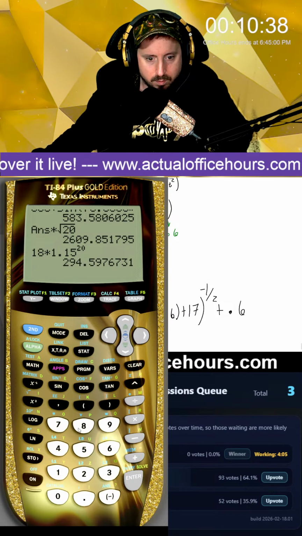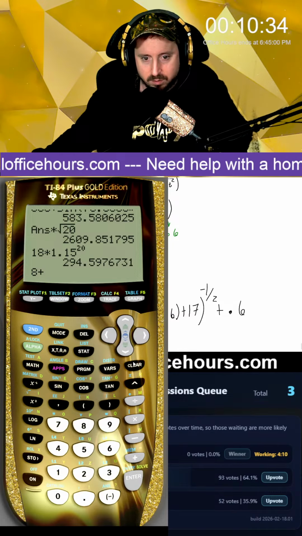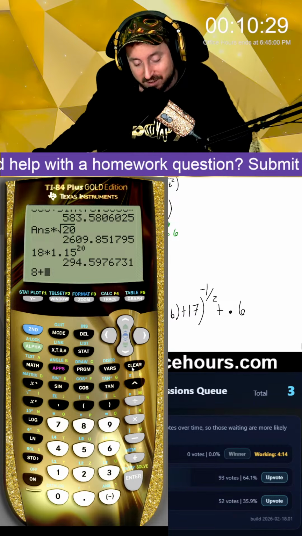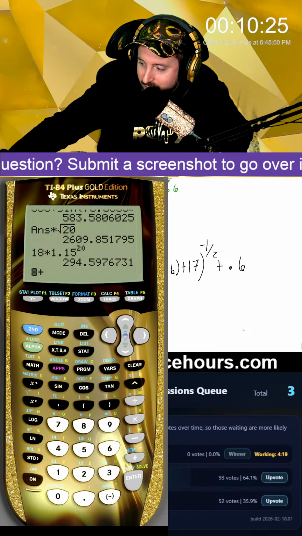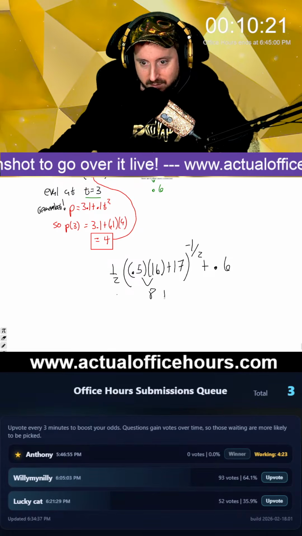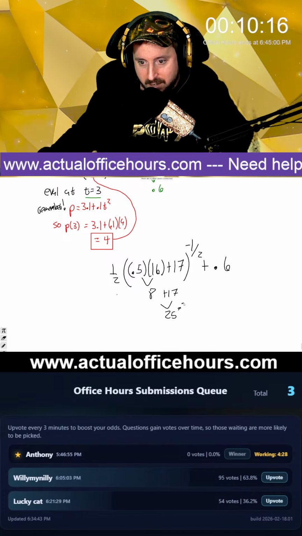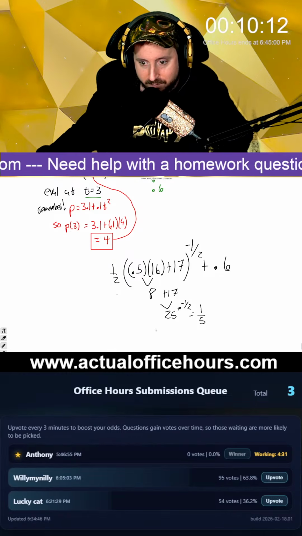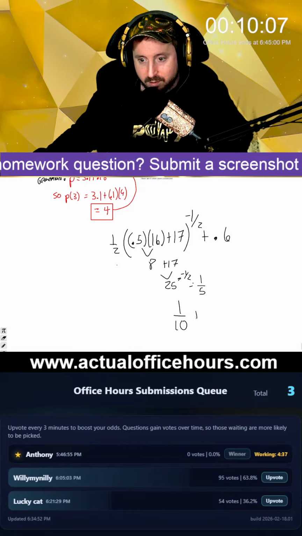Okay, so 0.5 times 16 is 8. So 8 plus... oh, actually, I can do all this in my head. What am I doing? Because that's 8 plus 17, which is 25. Oh, this is actually really cool. We don't even need the calculator for this. 25 to the negative 1/2 is equal to 1/5, times 1/2, so it's 1/10.